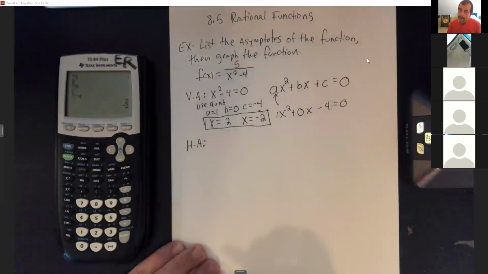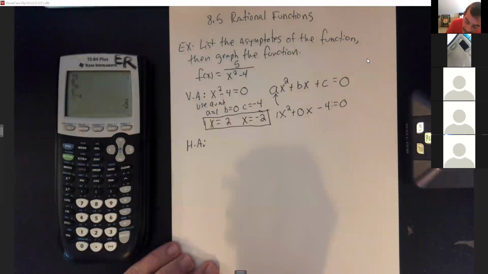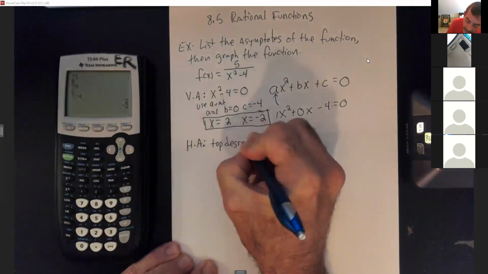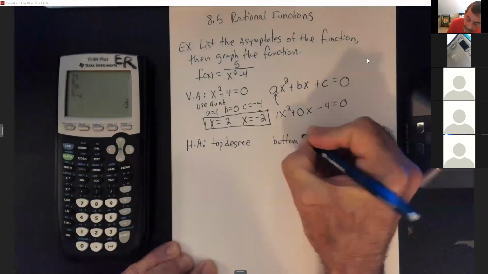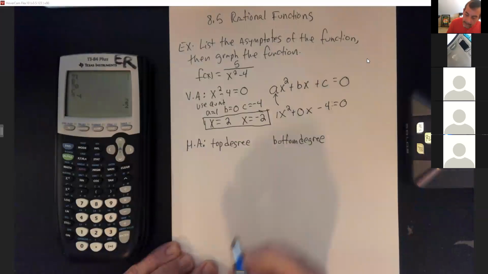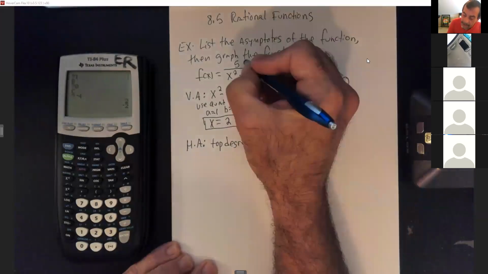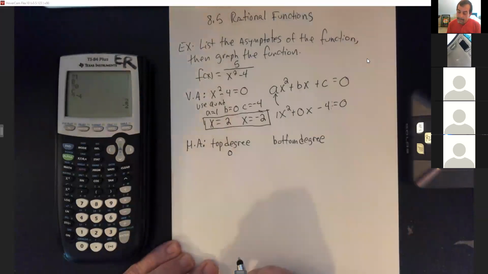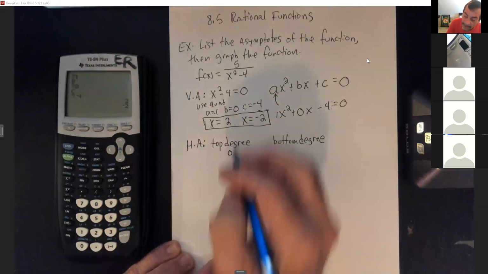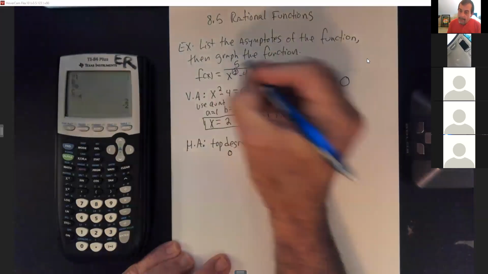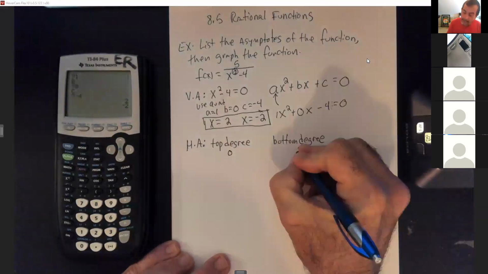So my horizontal asymptotes, I got to compare the top degree with the bottom degree. So there's no variable on top of my fraction, so the top degree is a 0. On the bottom, I do have a variable, and it looks like it's got an exponent 2, so the bottom degree would be the 2.